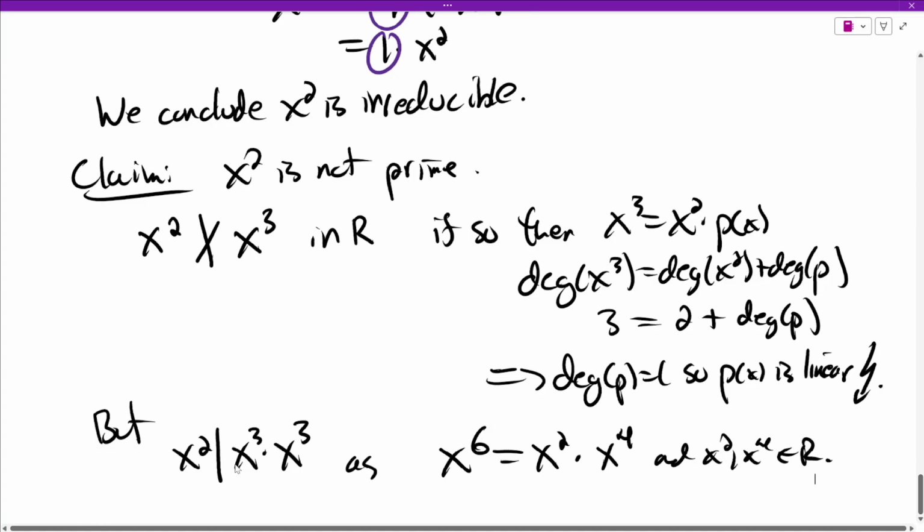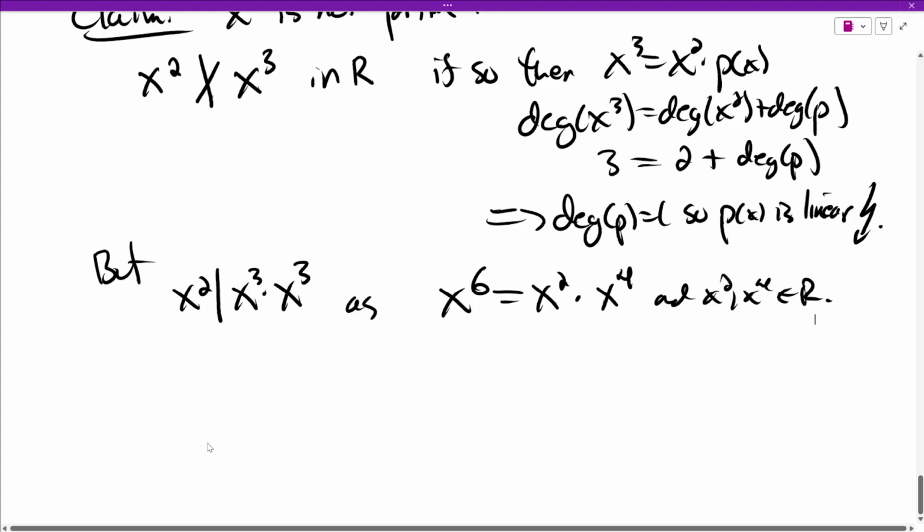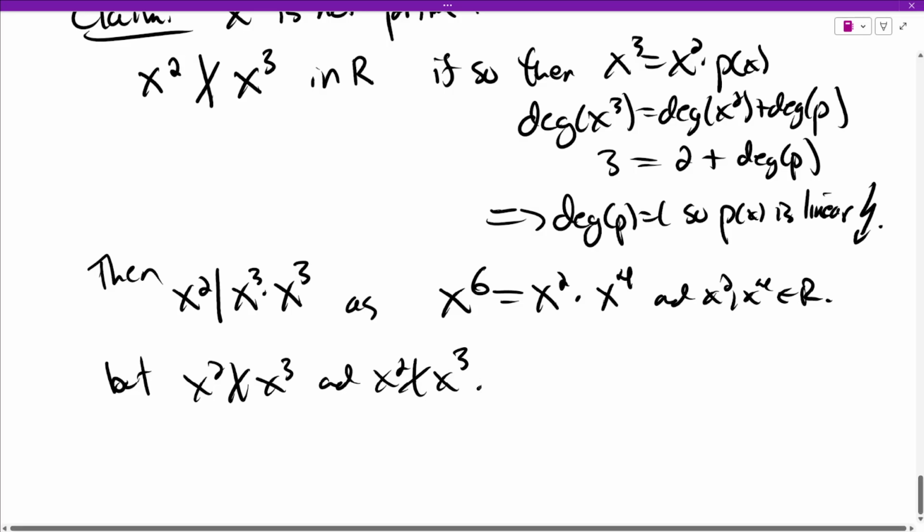So x squared divides this product. But x squared doesn't divide either of the terms in the product. They're both the same terms, but I'm going to write it twice. So this means x squared is not prime.